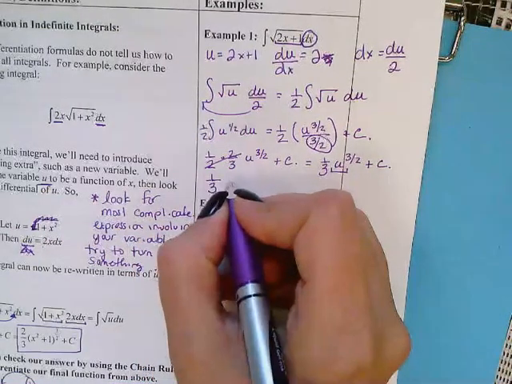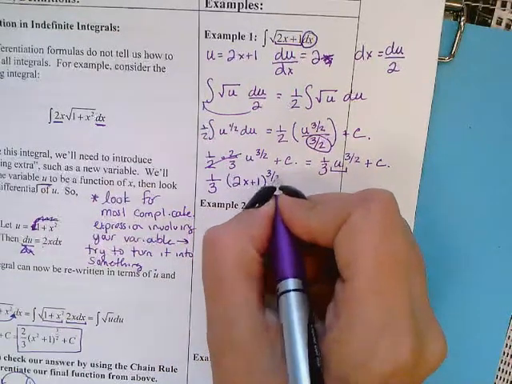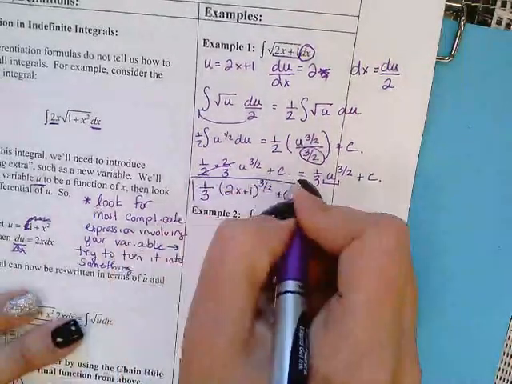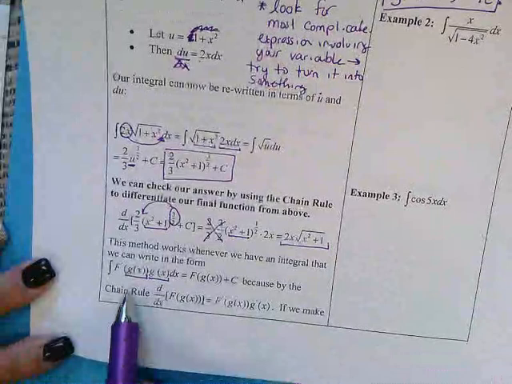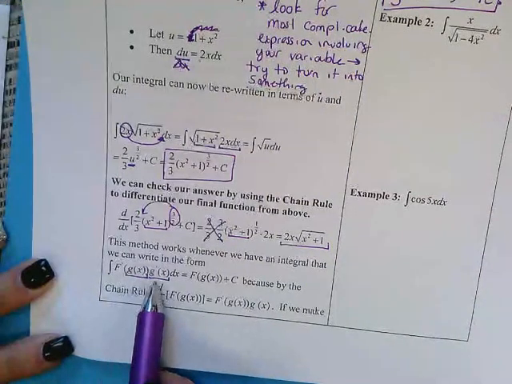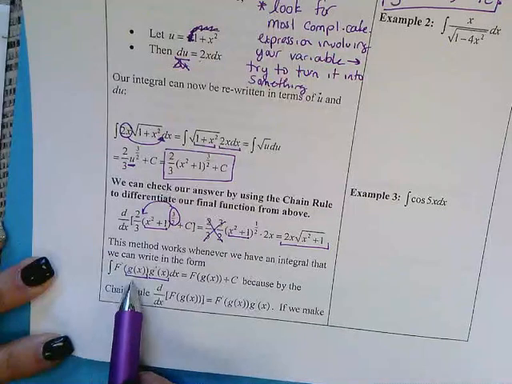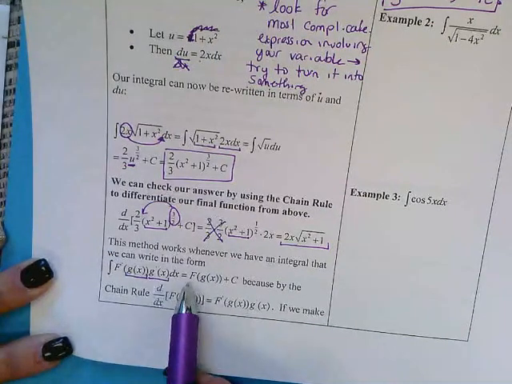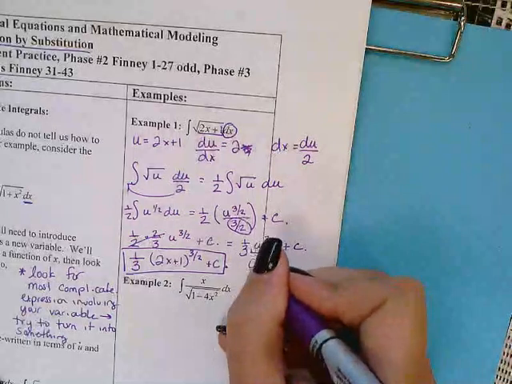So it's 1/3 of 2x plus 1 to the 3/2 plus c. Sorry. So there's my answer. And because this follows this method, the integral of g of x times the derivative of g of x ends up being f of g of x plus c, we can check it.